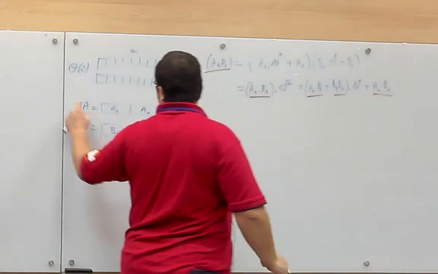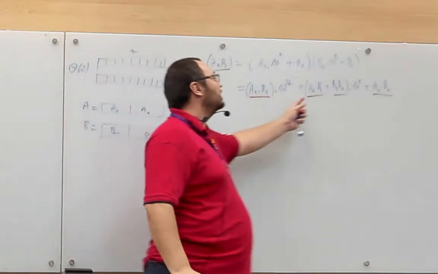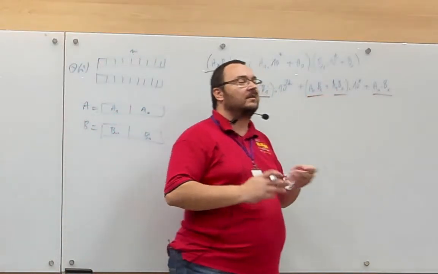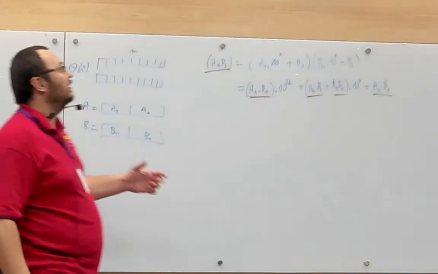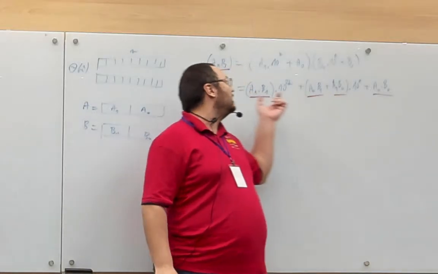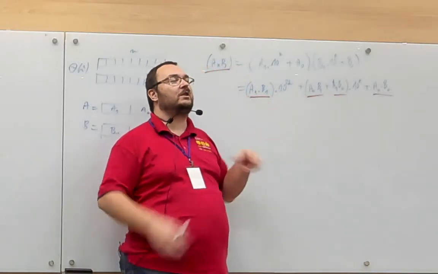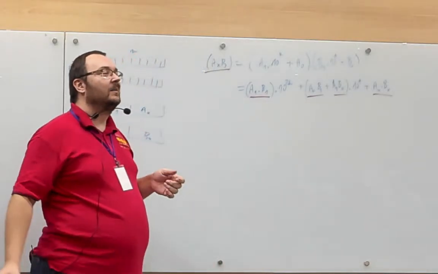So if this number had 1,000,000 digits and this number had 1,000,000 digits, then each of these smaller numbers has only 500,000 digits. What happens if we now, in a stupid way, just make 4 recursive calls? These are two shorter sequences of digits. We make a recursive call that will tell us the result of a multiplication.